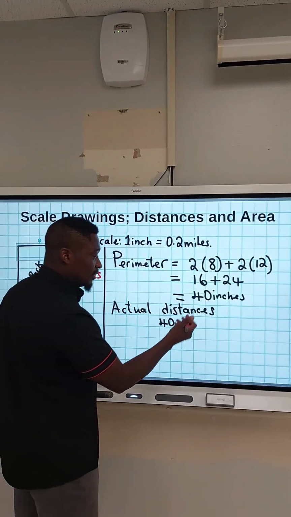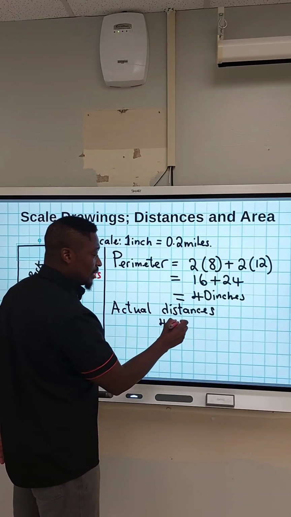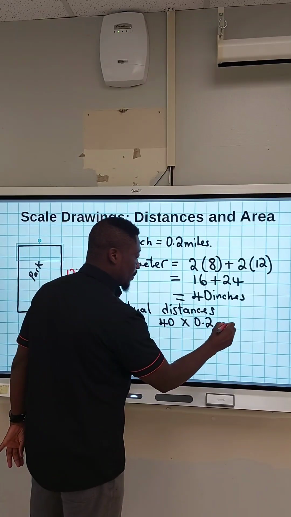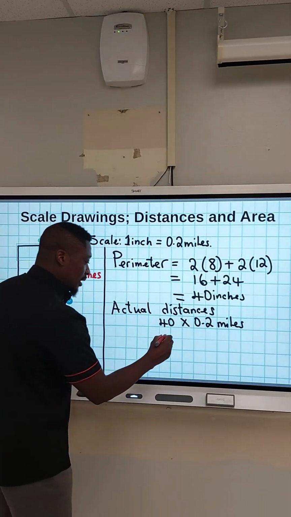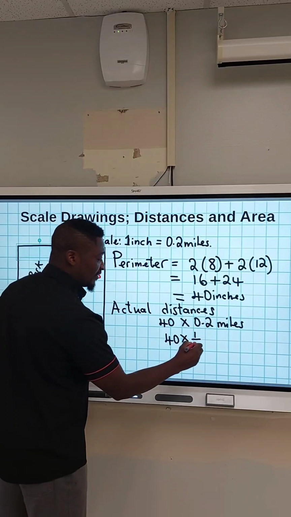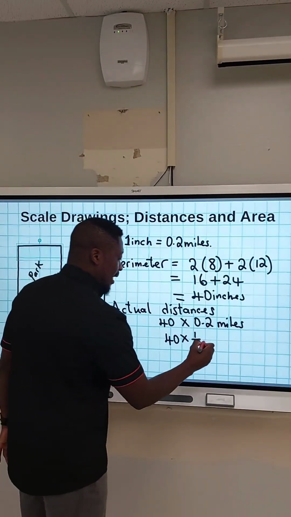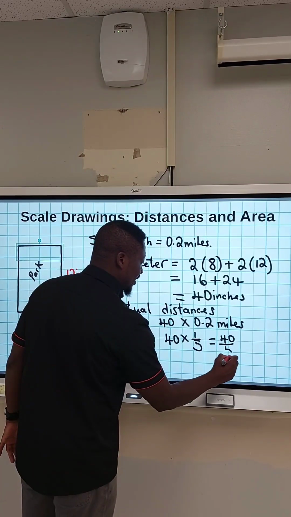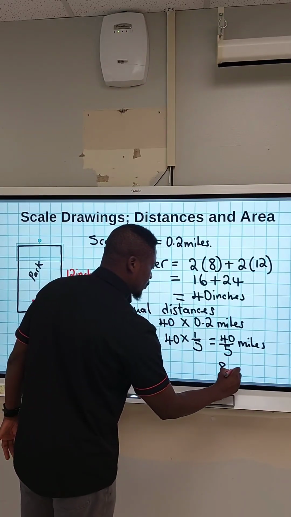Okay, so 40 of 0.2 miles, that means you walk 40 inches, that means 40 times 0.2 miles. So remember, this is the same as 40 times 1/5. 0.2 is the same as 1/5, and that means you walk 40 divided by 5 miles, which is 8 miles.